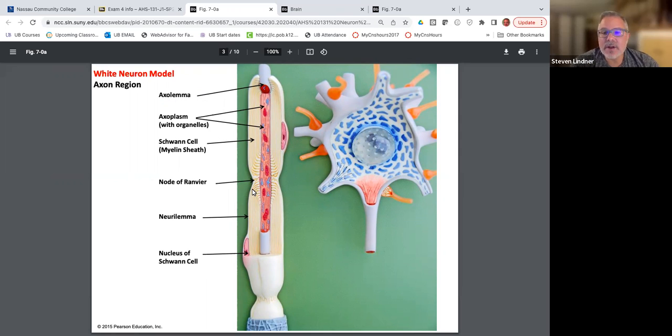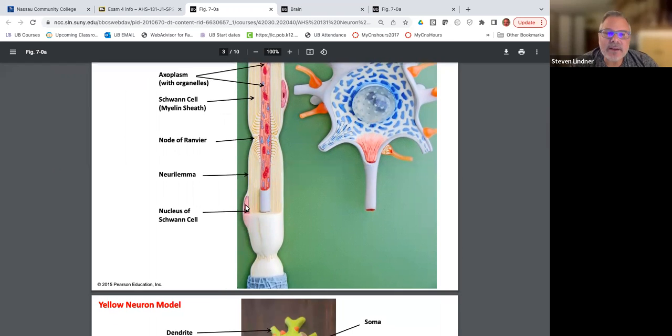You will learn about saltatory conduction. Saltatory conduction is the method by which the action potential jumps or leaps over each node of Ranvier. In fact, the word saltatory comes from the word saltare, which means to leap or to jump.